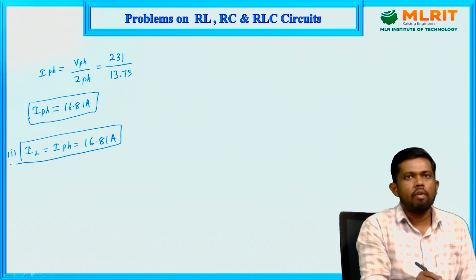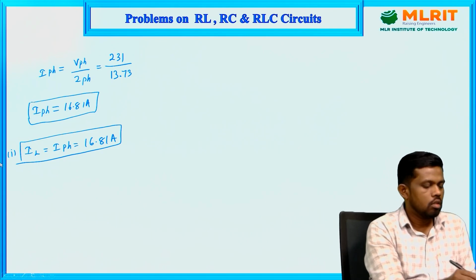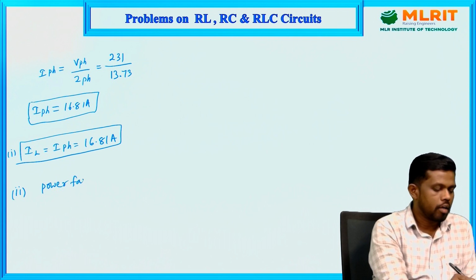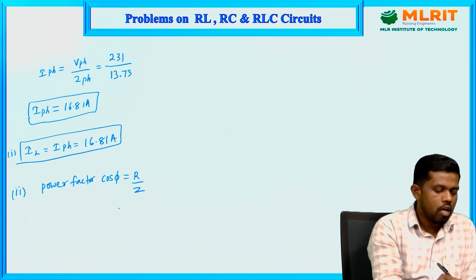Then, based on this, we need to find question number 2, the power factor of the network. The notation of the power factor is cos phi. Cos phi equals R by Z. This is the formula. The R value we already know, because it was mentioned in the question: R is 10 ohms.